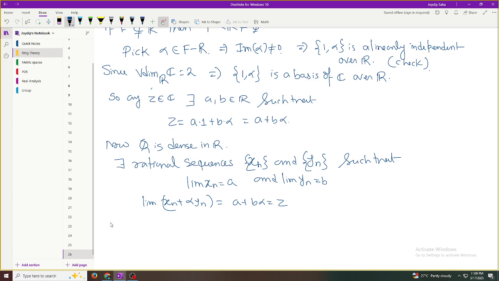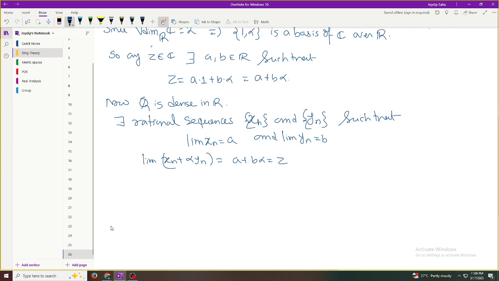Therefore, as Q is a subset of F and alpha belongs to F minus R, this implies the smallest field containing Q and alpha is a subset of F. So what is happening?